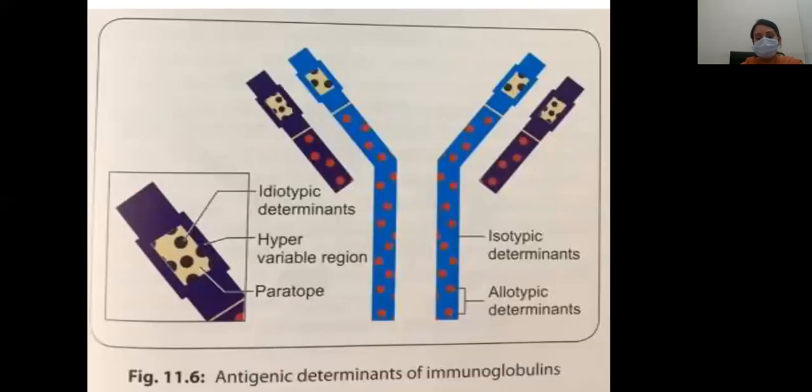So these are the antigenic determinants of immunoglobulins. This is the idiotypic determinant, this is the hypervariable region, and this is a paratope. This is the allotypic determinant, and this is the isotypic determinant.